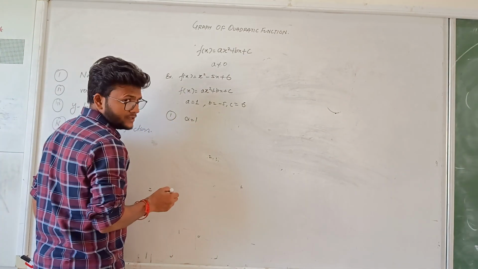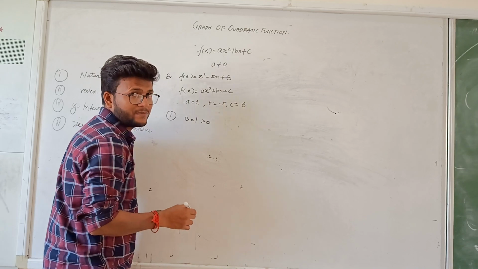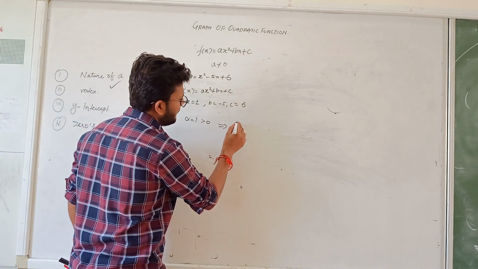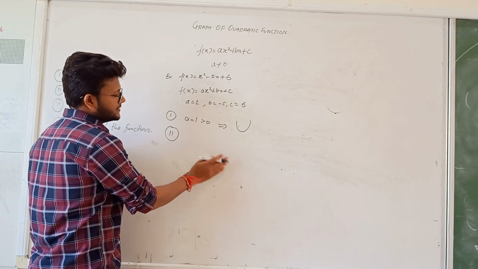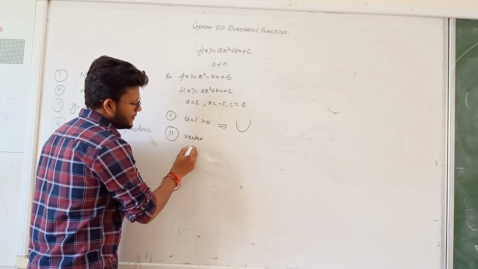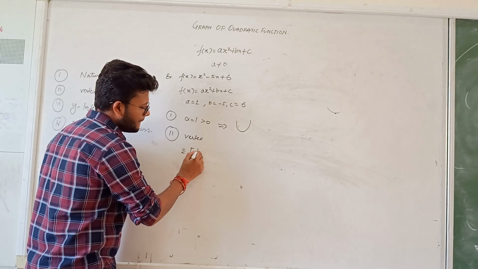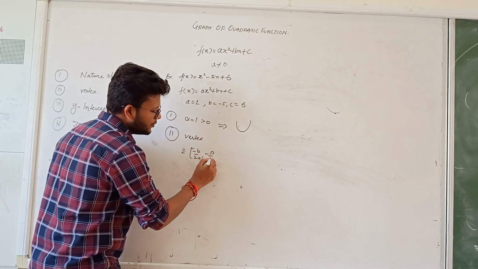First, the nature of a. Clearly a = 1, so a is greater than 0, which implies an upward parabola. Second, the vertex. The coordinates of the vertex are (-b/2a, -D/4a).